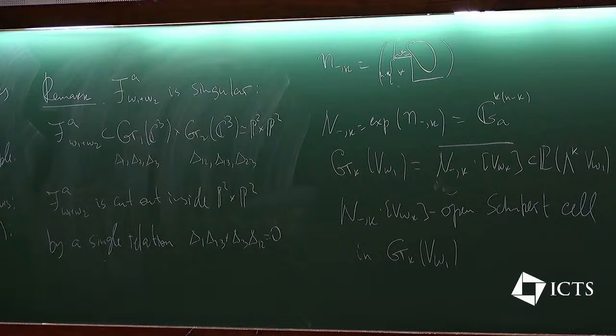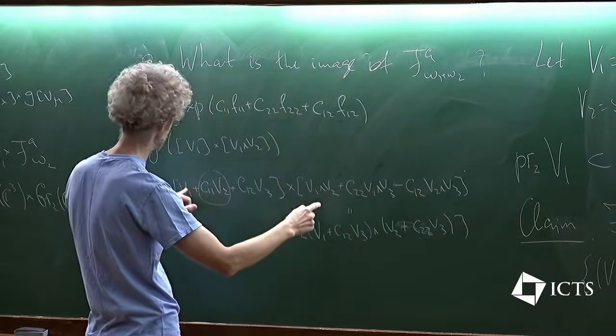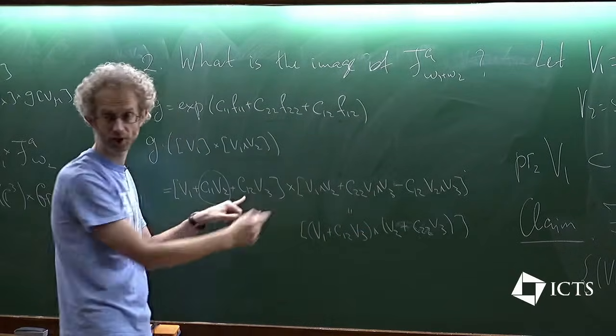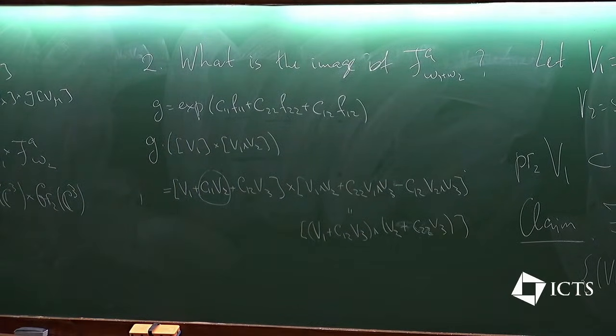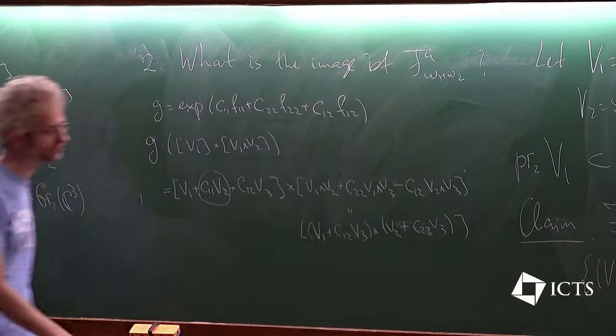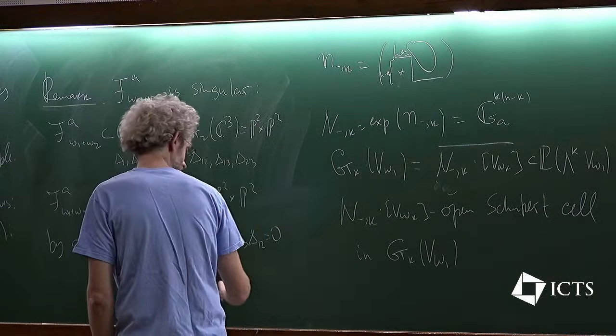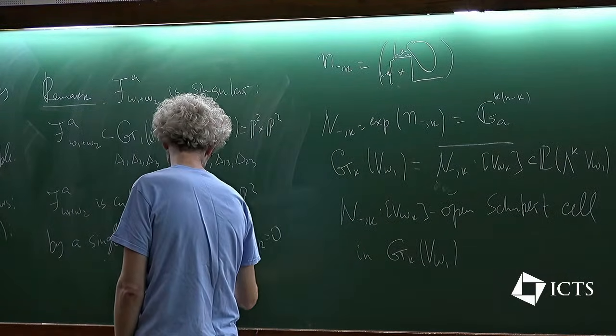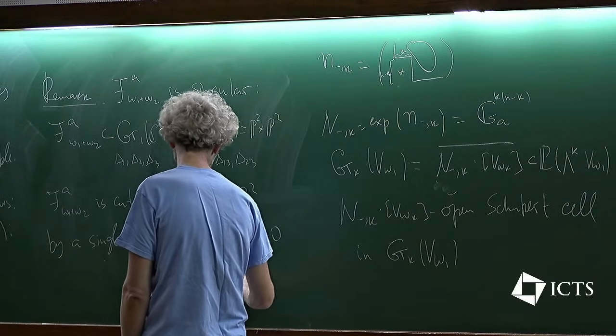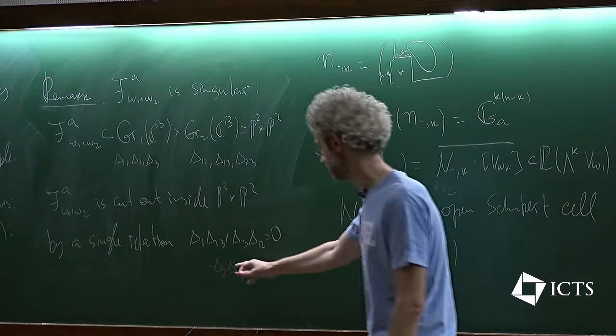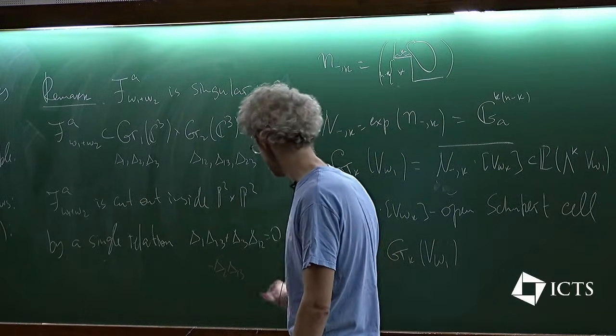Our deltas here are 1, C11, C12, and 1, C22, C1. So what are the relations between those? If you take 1 times minus C12, and then C12 times, this is exactly the relation we have there. And again, this is different from the flag varieties because in the flag variety case you have this extra term minus delta 2 delta 13, which is missing here. This is what is going on.